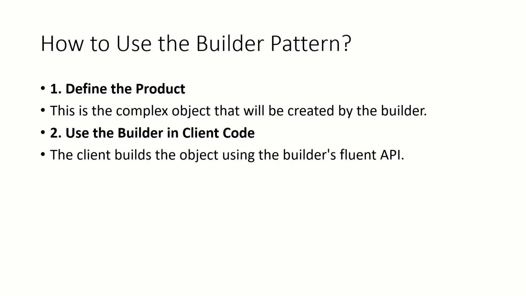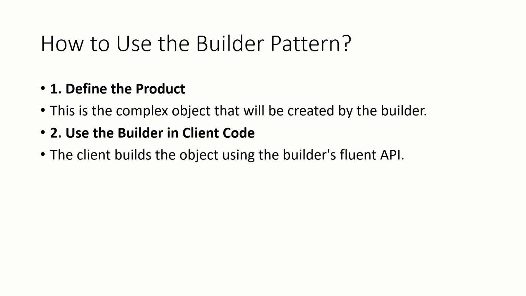Now, how to use the builder pattern? The first thing is, you have to define the product. Let's say you are going to build a house, then you have to define the product. This is the complex object that will be created by the builder. You have to create a class called, let's say, House, which is your product, and you have to define all the parameters inside that class, like foundation, structure, roof, whether it has a garden or not, whether it has a garage or not.